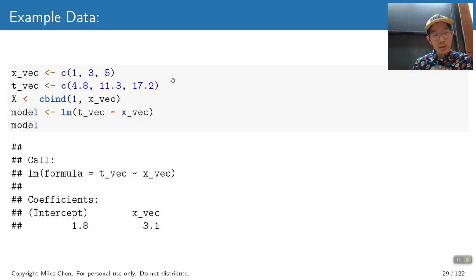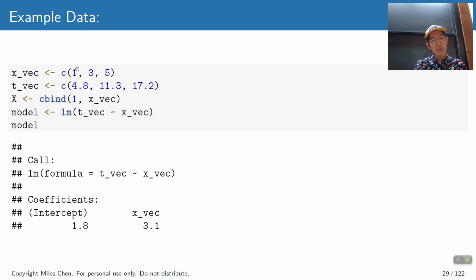So my x values are 1, 3, and 5, and the actual values corresponding to this are 4.8, 11.3, and 17.2. And I'm going to go ahead and cheat and give you the answers. So if you were to fit ordinary least squares regression to this data, it will say your intercept is 1.8 and your slope is 3.1.